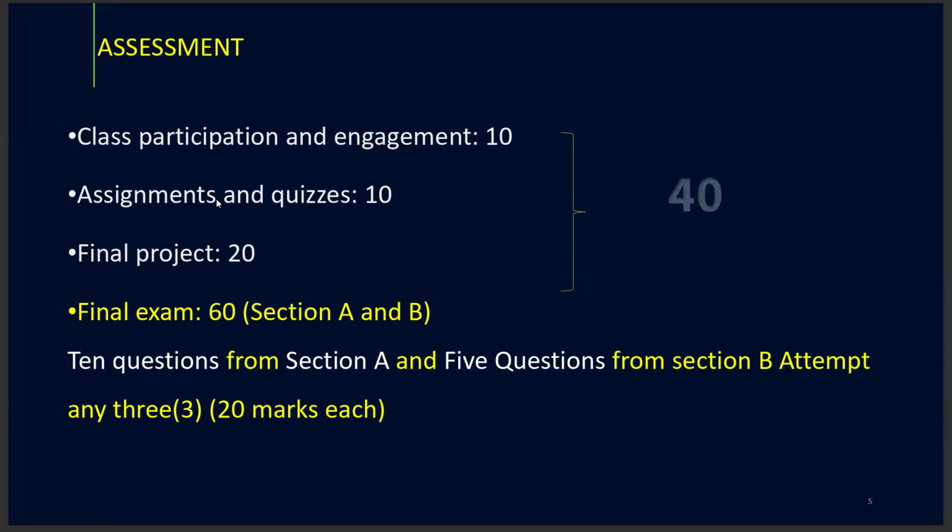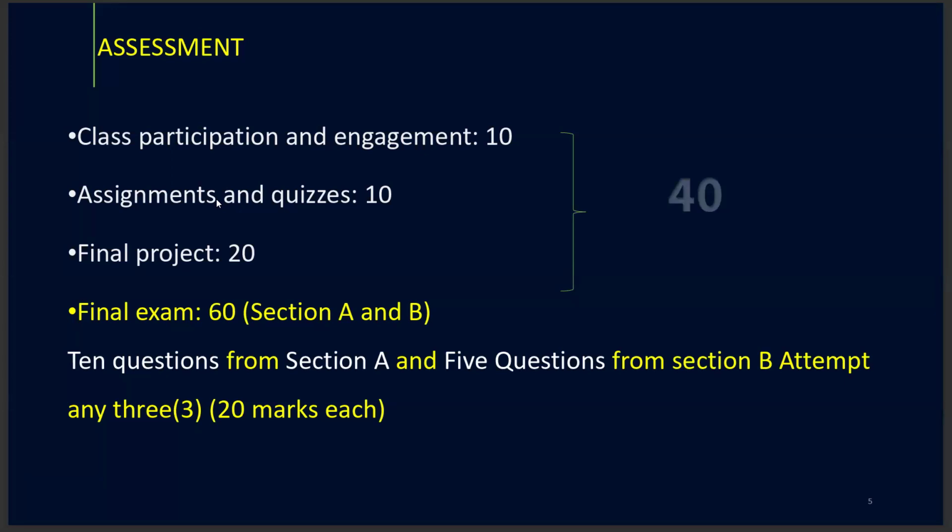Whenever you engage in class, just know that you will always get good marks. Then there's also something I'm introducing, participation and engagement, for you to get 10 marks. Then we'll have assignments and quizzes, which is 10. Assignment may give 5 marks, quizzes may give like 10 marks. So you will have a wide number of quizzes, basically to broaden your understanding of the topic.